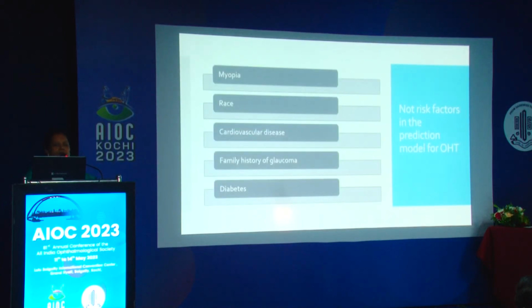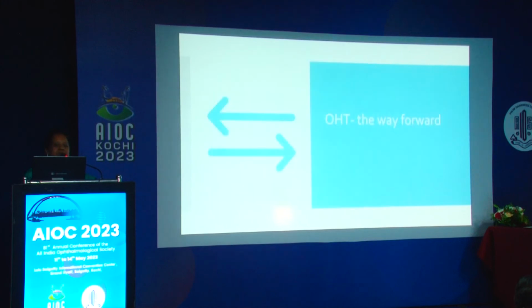An important thing to note is that some of the important risk factors like myopia, race, cardiovascular disease, family history of glaucoma, and diabetes were not considered as risk factors in the prediction model of OATS. Especially diabetes gave very inconclusive results.